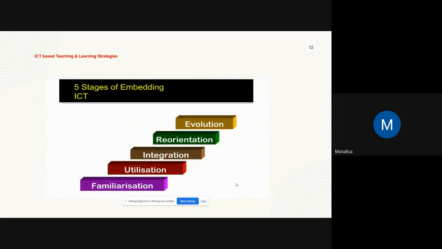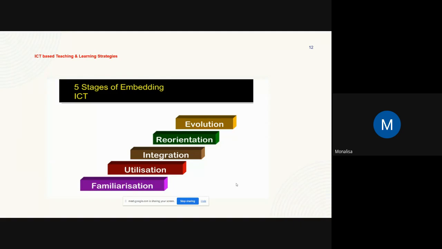So these are the stages of embedding ICT with education: familiarization, utilization, integration, reorientation, and evaluation. Coming to familiarization, a teacher is becoming increasingly aware of ICT, but rarely tries to use it in classroom teaching.